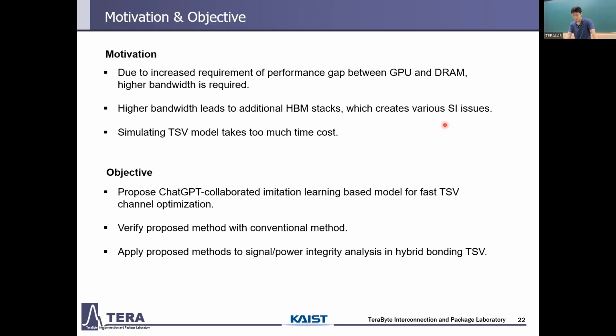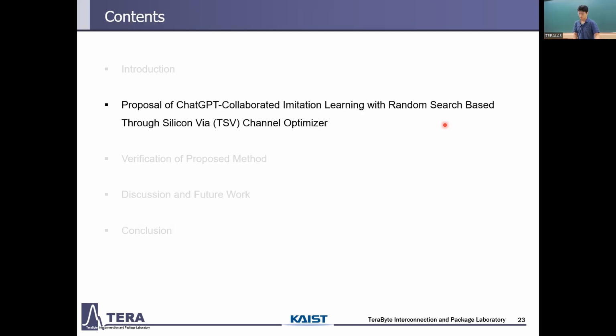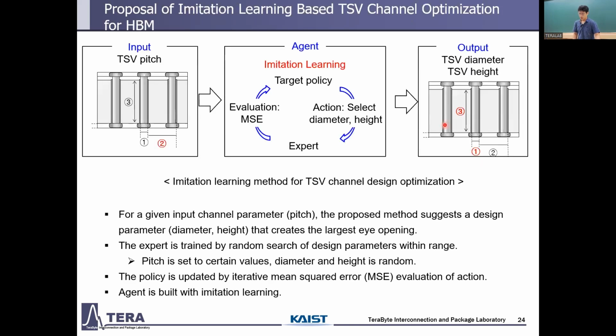So to solve this, I propose a ChatGPT-collaborated imitation learning-based model for fast TSV channel optimization, verify my proposed method, and apply it to SIPI analysis and hybrid bonding TSV in the future. So this is my proposal.